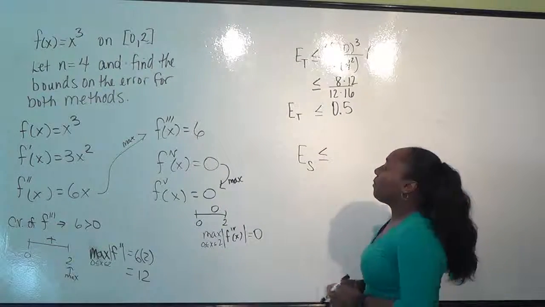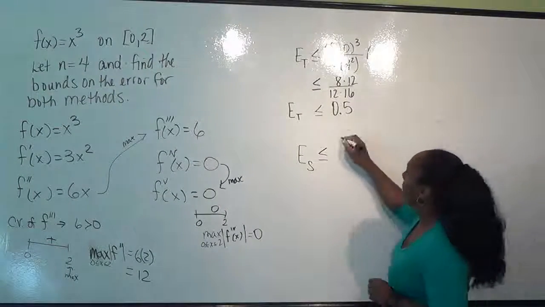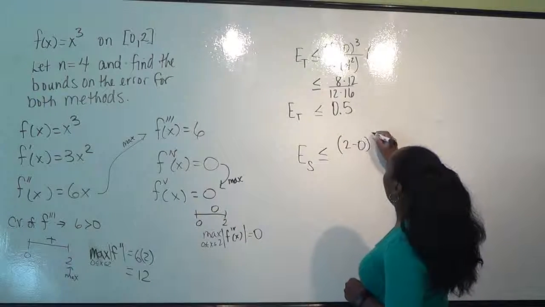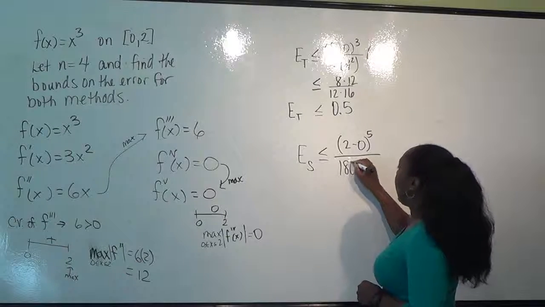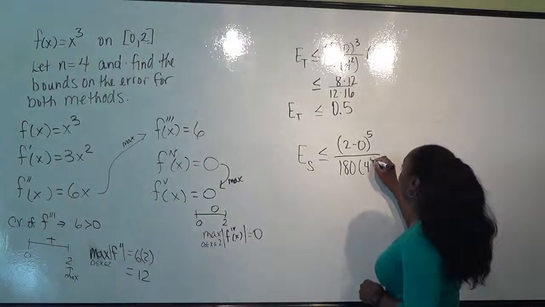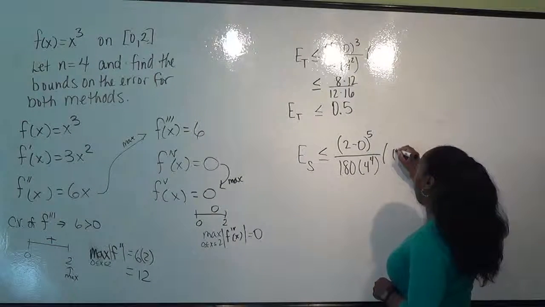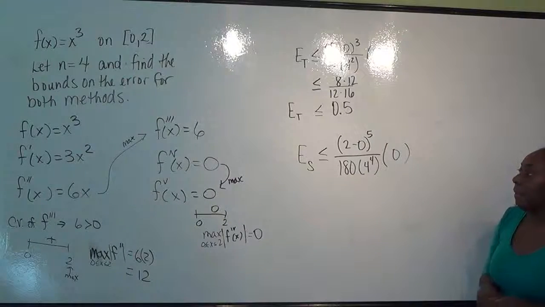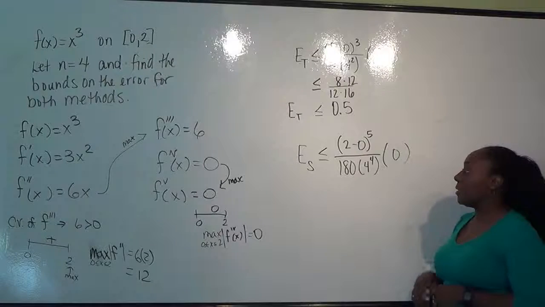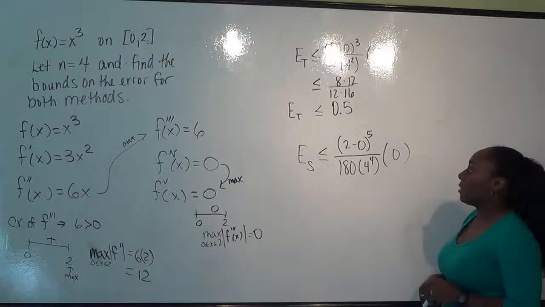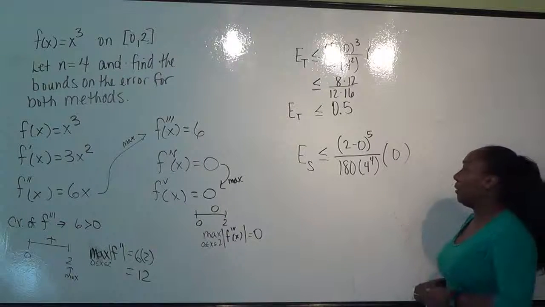Doing the same thing with Simpson's rule, we see b minus a to the 5th power over 180 n to the 4th, and then we multiply by our max. Now notice, I don't really care what that value is, 180 times 256 divided into 32.